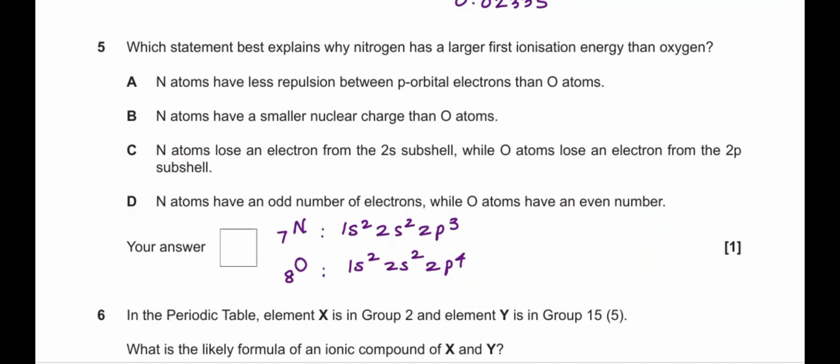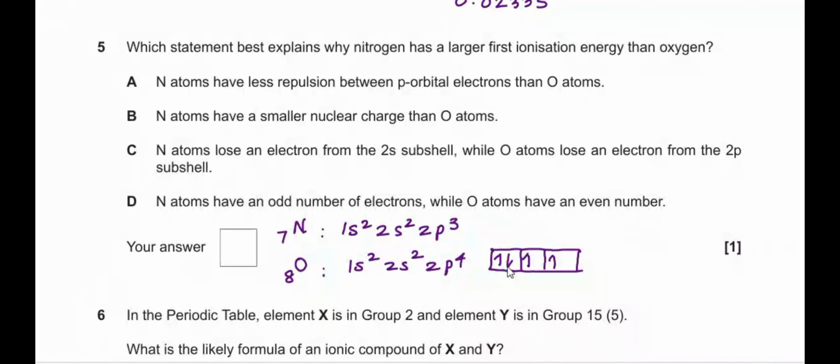From this you can see that there are 4 electrons in the p orbital for oxygen. If you draw the 3 boxes for the p orbital for oxygen, the first electron fills in the first box, second one, third one, and the fourth one comes and sits in the first one alongside the already existing electron.